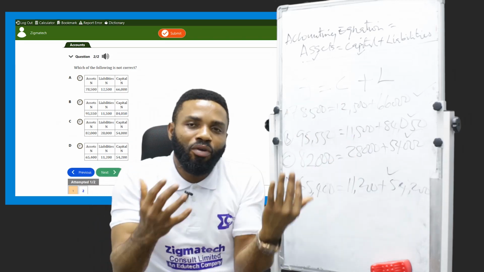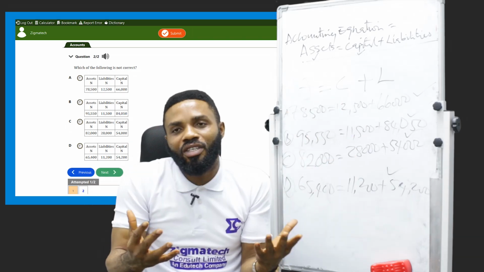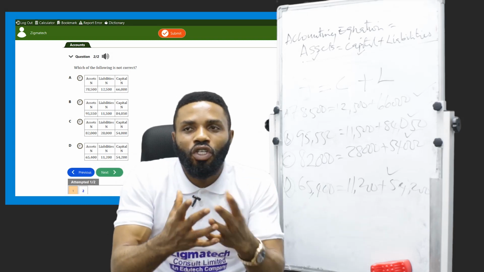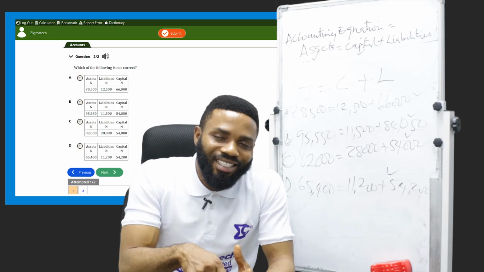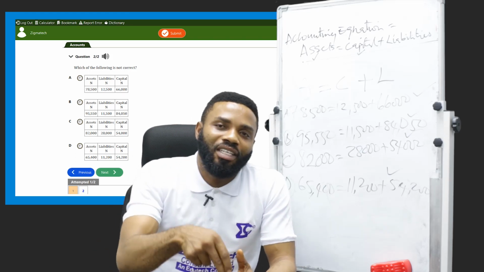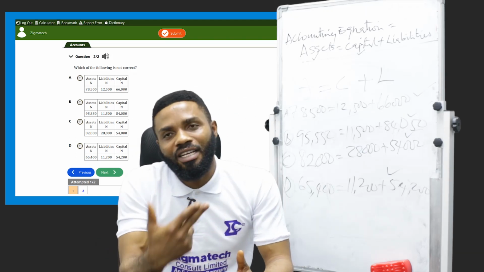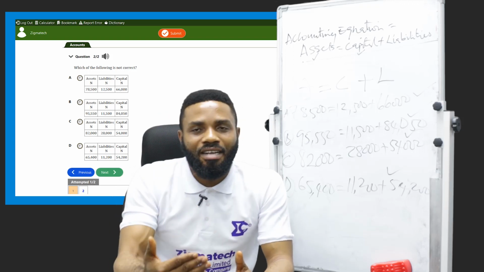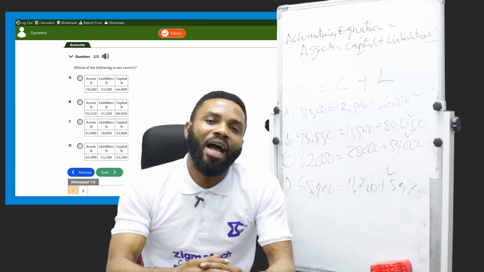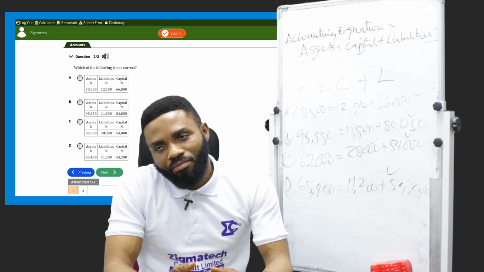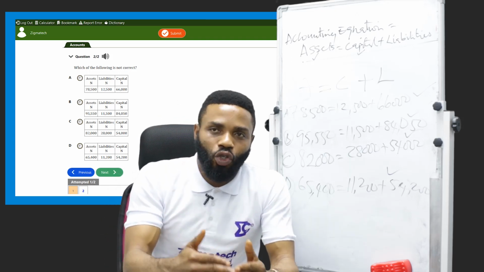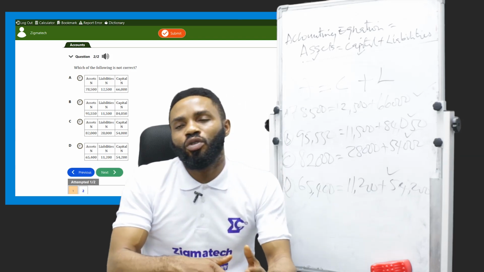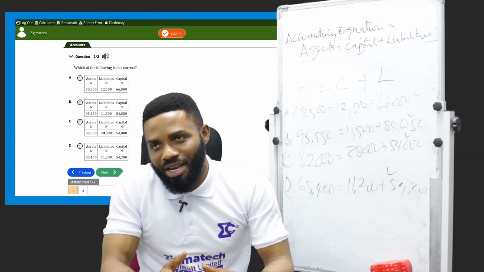And then we've looked at some illustration. We have a table that gave us a summary of effect, and we said when money is introduced into the business to start up a business, it will affect your asset, which is cash, and it will also affect your capital. It will increase your asset and increase your capital. Now, when you buy products on credit, it will increase your stock, which is asset, and it will also increase your liabilities.